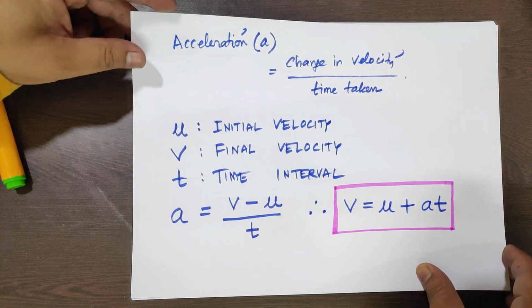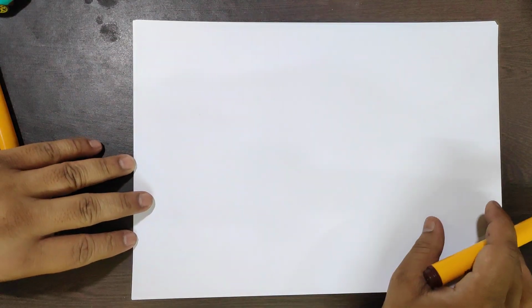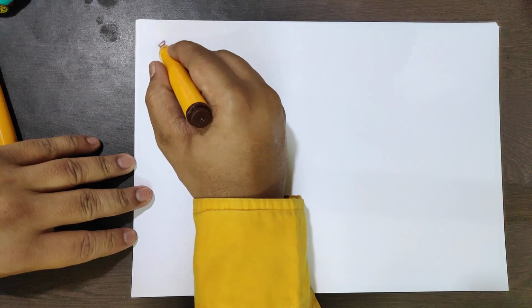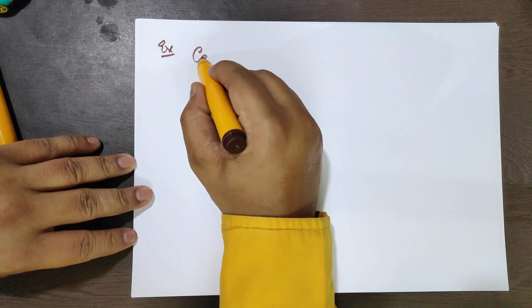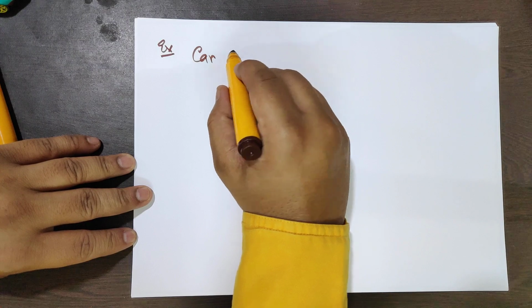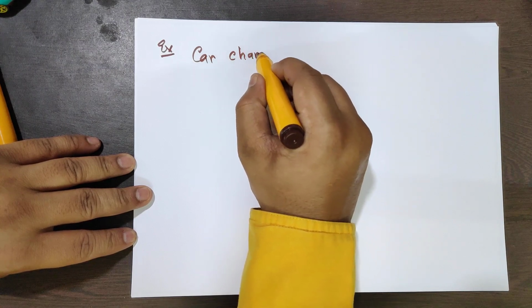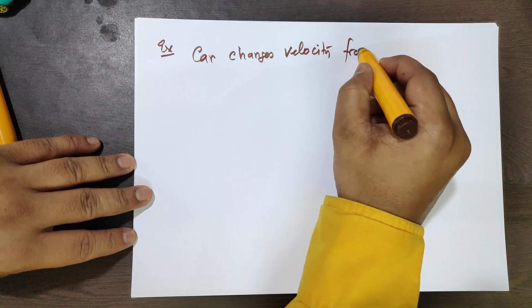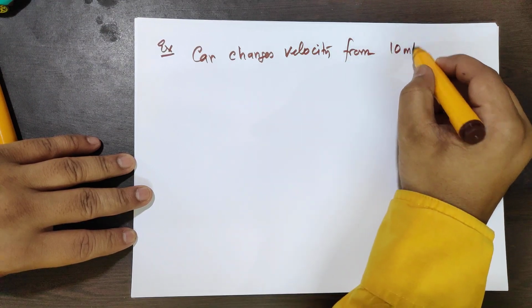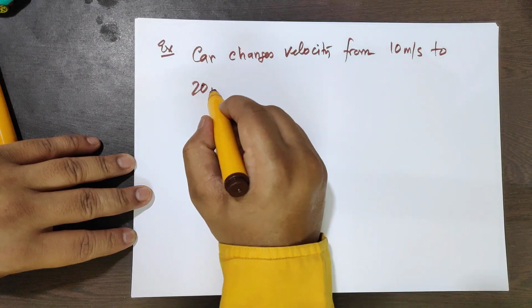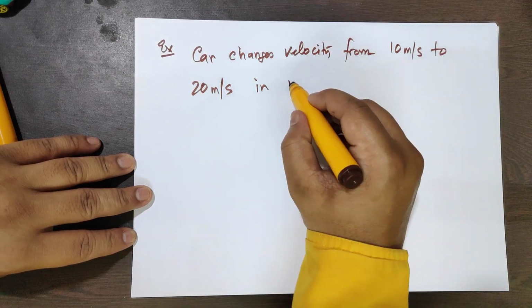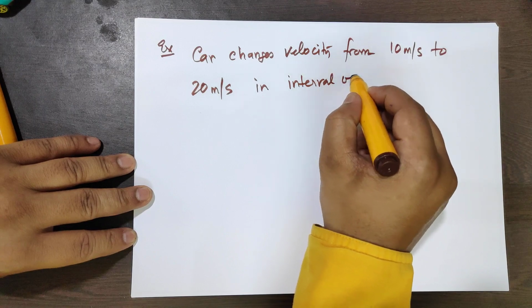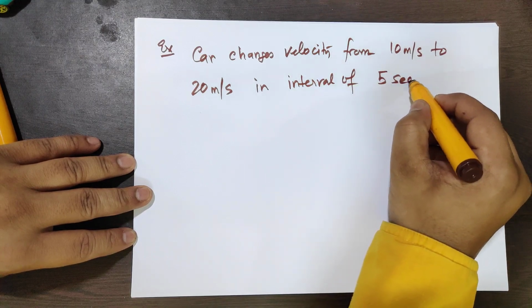So let's try one or two examples. Say a car changes velocity from 10 meter per second to 20 meter per second in an interval of 5 seconds.